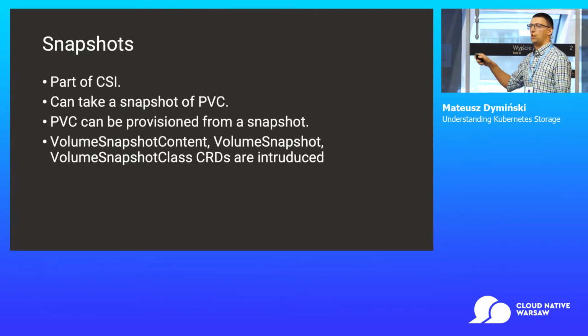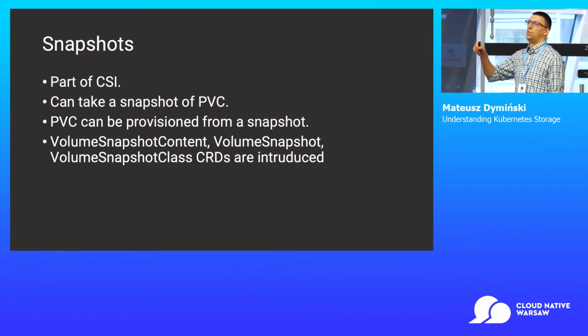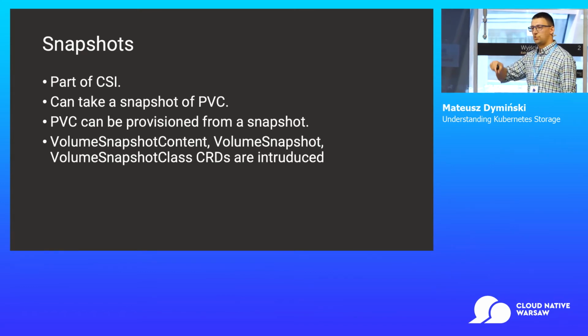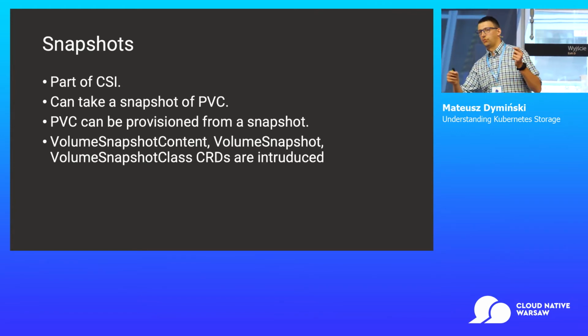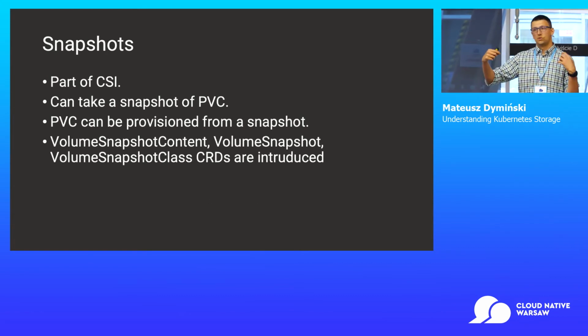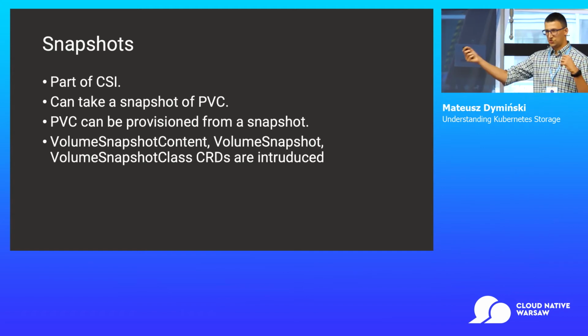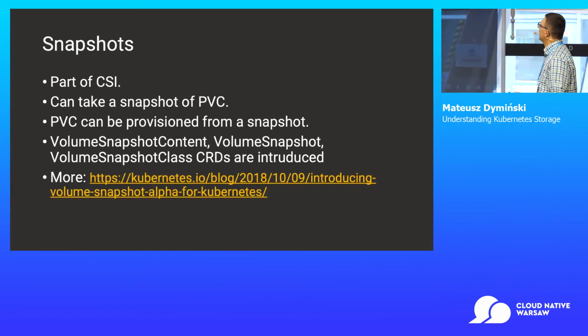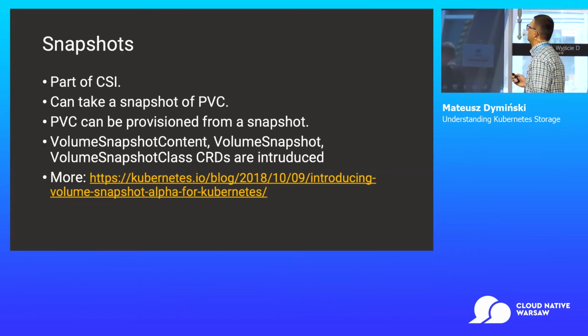It's also based on the CRD, so the proper resource inside Kubernetes is created, saying that this is a snapshot of this particular persistent volume, and they are also bound. So you cannot, for example, remove the persistent volume because it has some snapshots attached to it. And there is a really nice article on how it works under the hood.